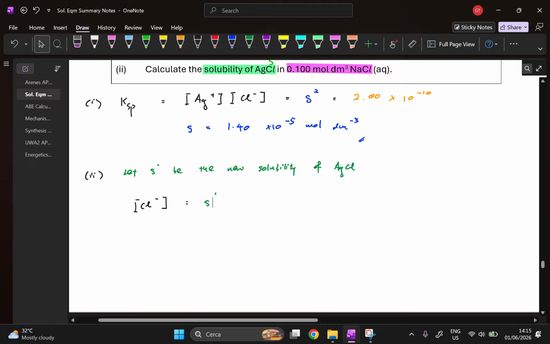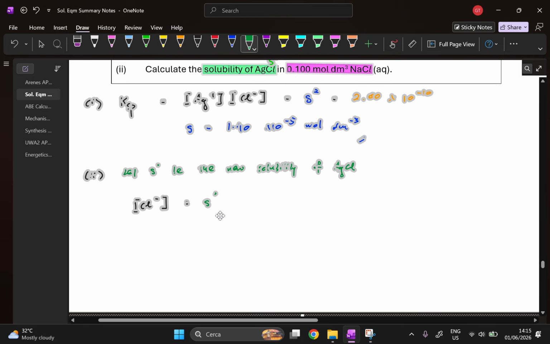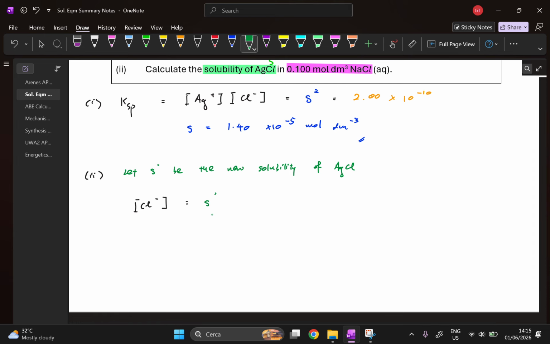So this term that I've written down so far is the concentration of Cl minus due to the dissolution of solid AgCl. But then I also need to add the concentration of Cl minus due to the presence of this already aqueous solution, which is going to be 0.100 moles per dm cube from the NaCl. Understand so far?